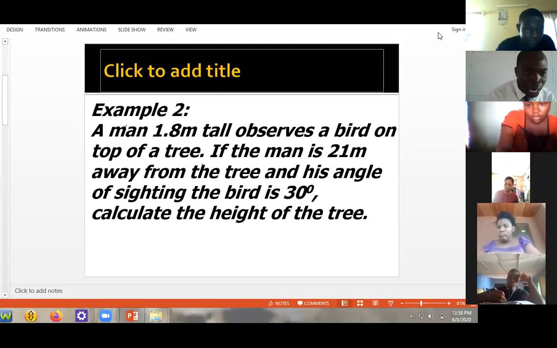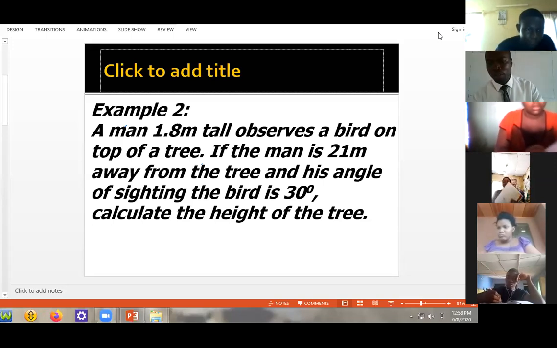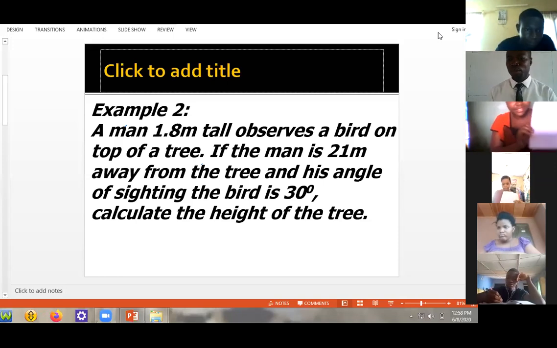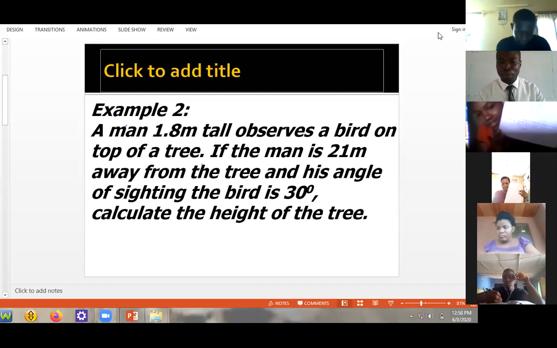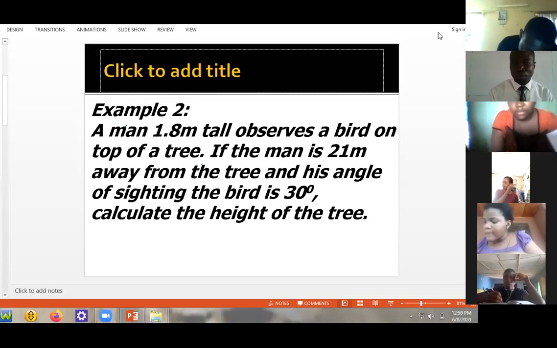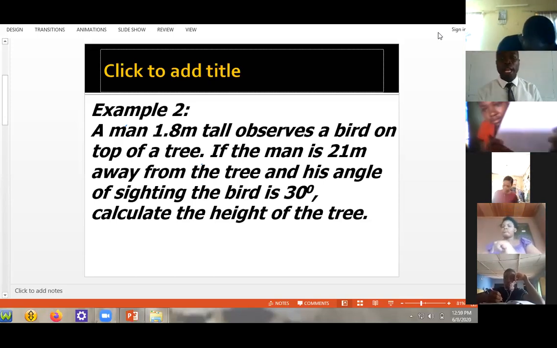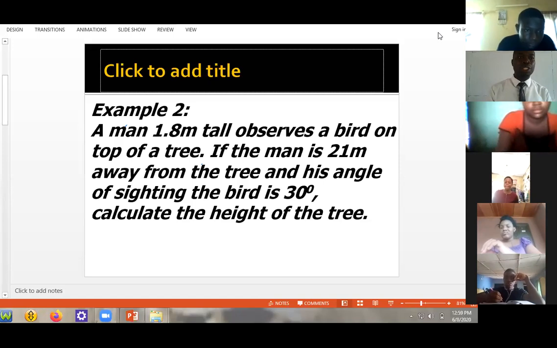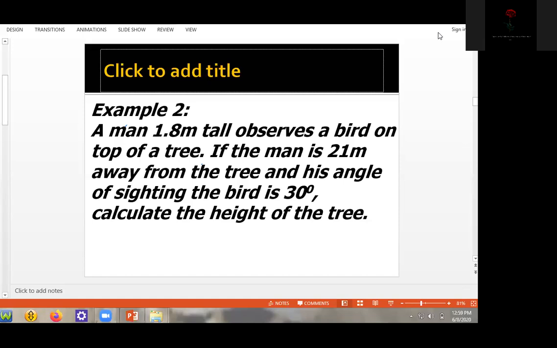Just show me. Correct, correct, correct. I can see one. Correct, correct. Yes. Show me your sketch. Yes, correct. Okay, I can see, correct. So let's see the correct sketch.